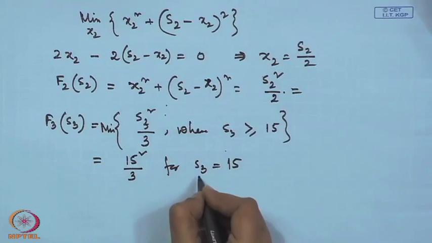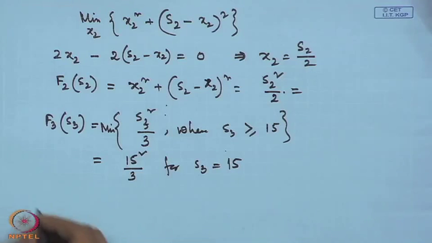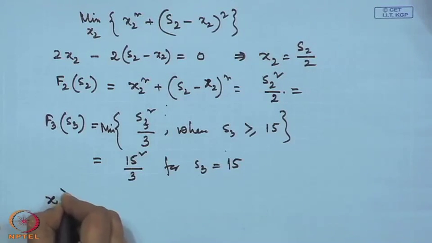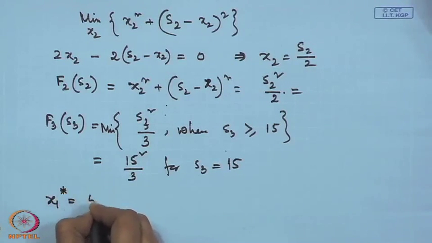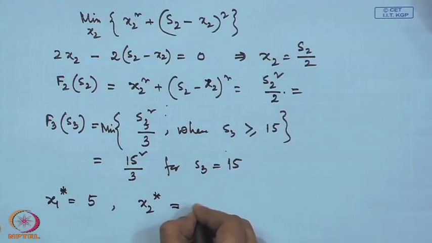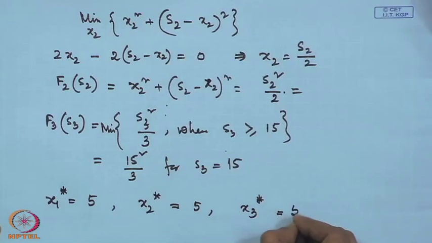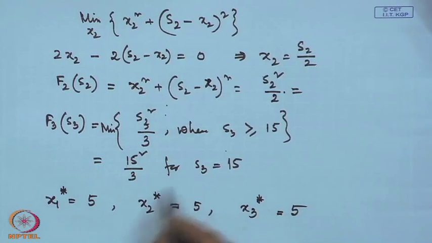Now, once we get s3 is equal to 15, we can calculate s2, we can calculate s1. In other way, we can calculate all the values: x1 star is 5, x2 star is equal to 5, and x3 star just now we have calculated is equal to 5, because s3 is 5 plus 5 plus 5, clear.